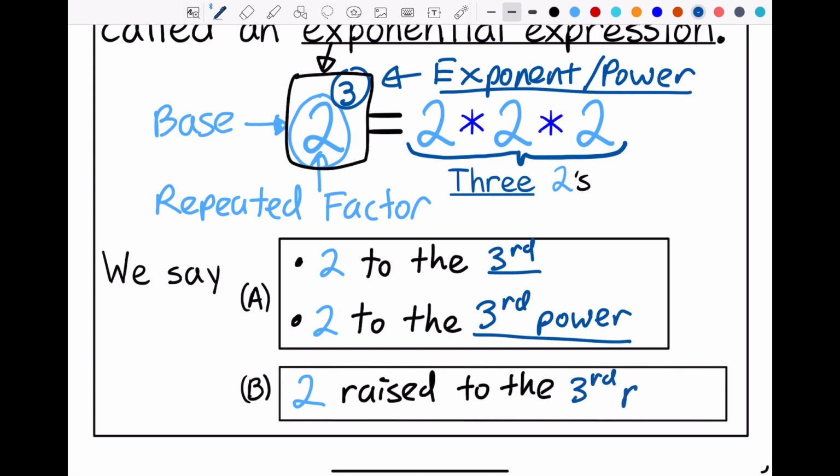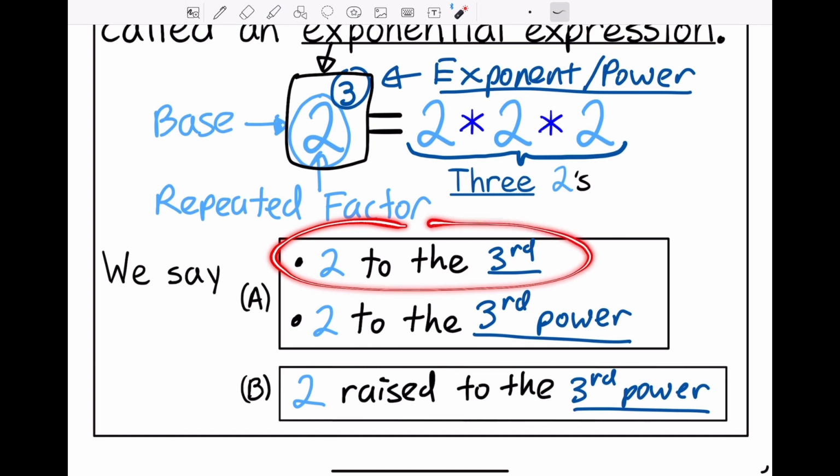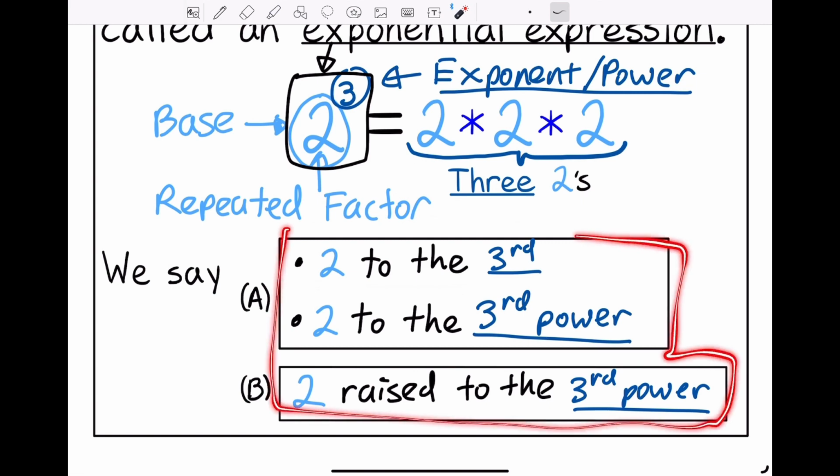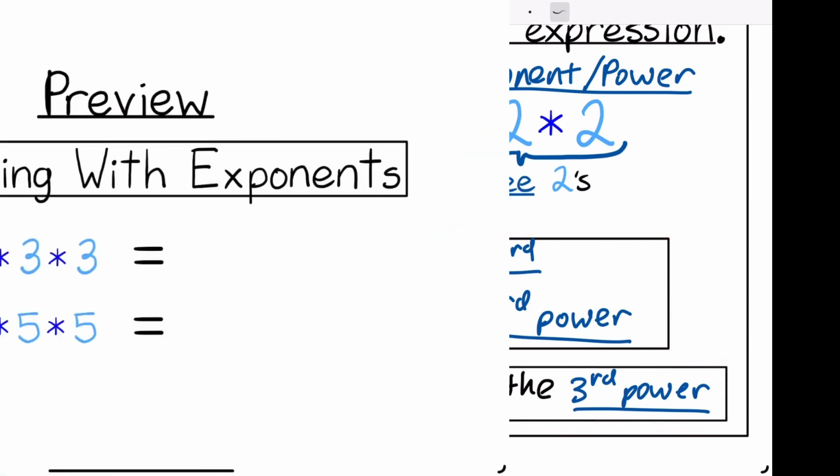Either one of these 3 ways are fine. However, we are going to say this first way the most often because it's shorter to say and write down. Alright, so these are the different ways to say and write these exponential expressions using words.